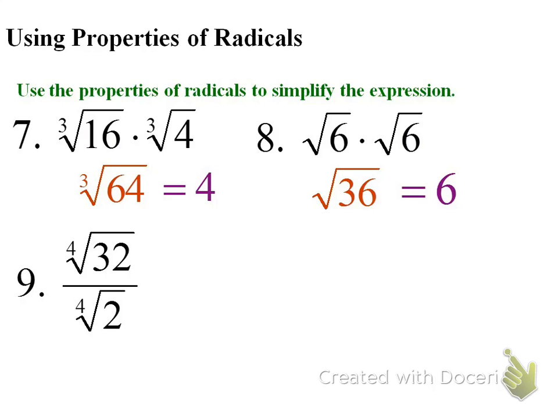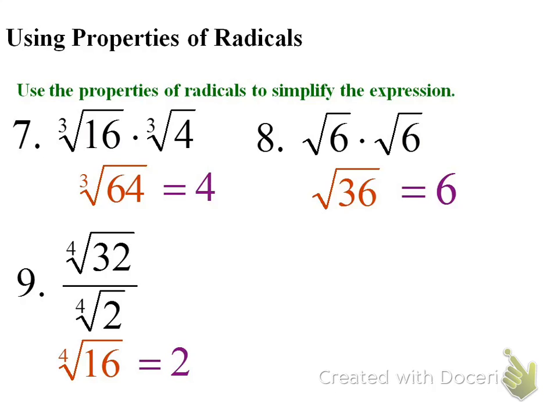All right, now you guys have probably noticed, just going through math classes, that usually something that's true for multiplication also works for division. Same thing here. They have the same index, so you can go ahead and just divide the radicands. So this is the fourth root of 16. What is the fourth root of 16? 2, good.